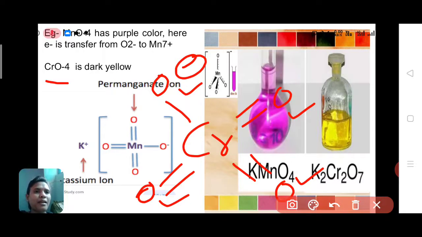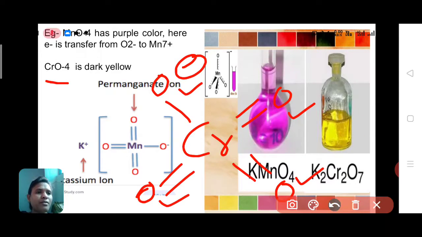So when these ligands donate their electrons to chromium ion, there is a transfer of electron from ligand to metal, and this transfer is called a charge transfer transition, and due to this transition the chromate appears in yellow color. Okay, because this transition occurs due to absorbance of light energy, and light energy is responsible for imparting a yellow color to this chromate ion.